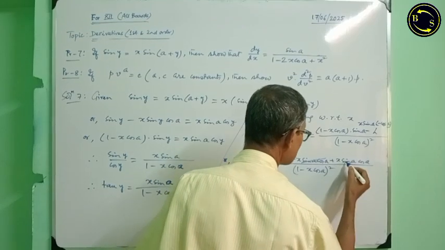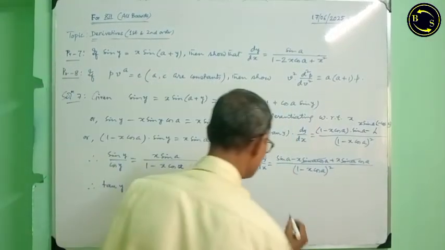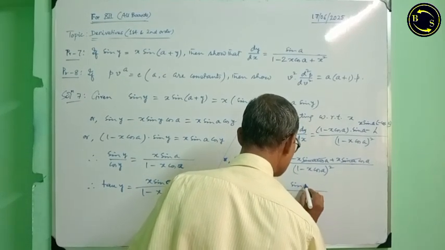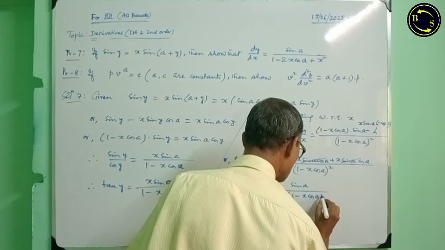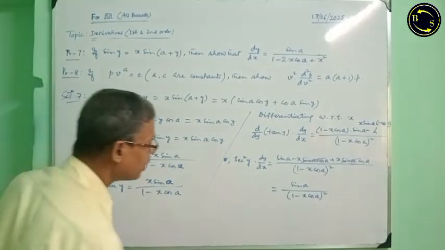These two cancelled. Therefore, sin a, 1 minus x cos a whole square.